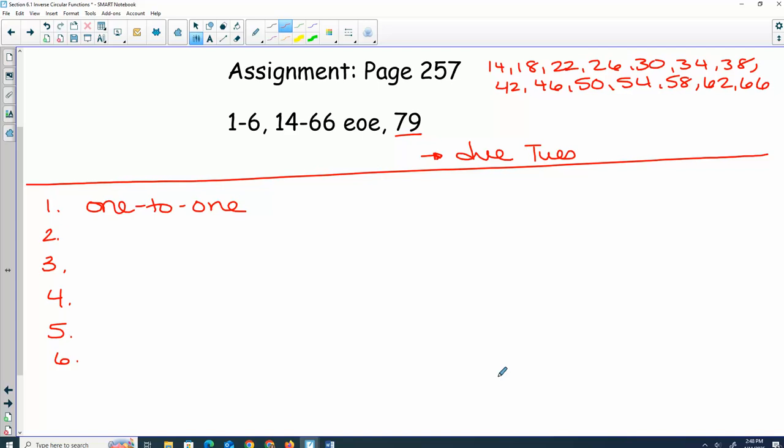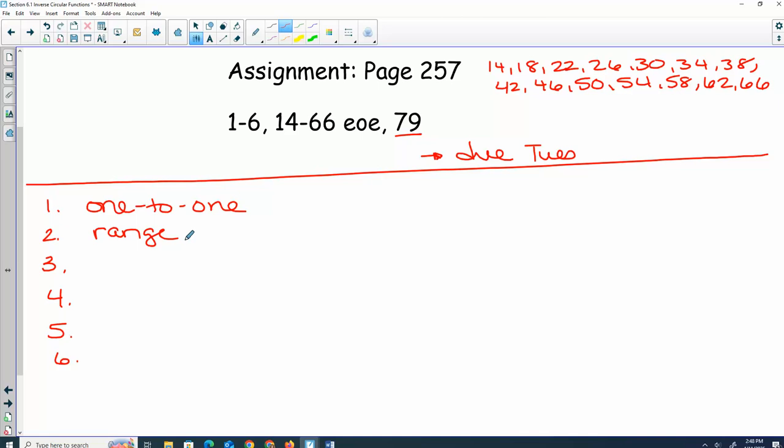Number 2, the domain of y equals arc sine of x equals the blank of y equals sine x. Range. Because the domain of the inverse is the range of the original function. Arc sine is the inverse, sine is the original.